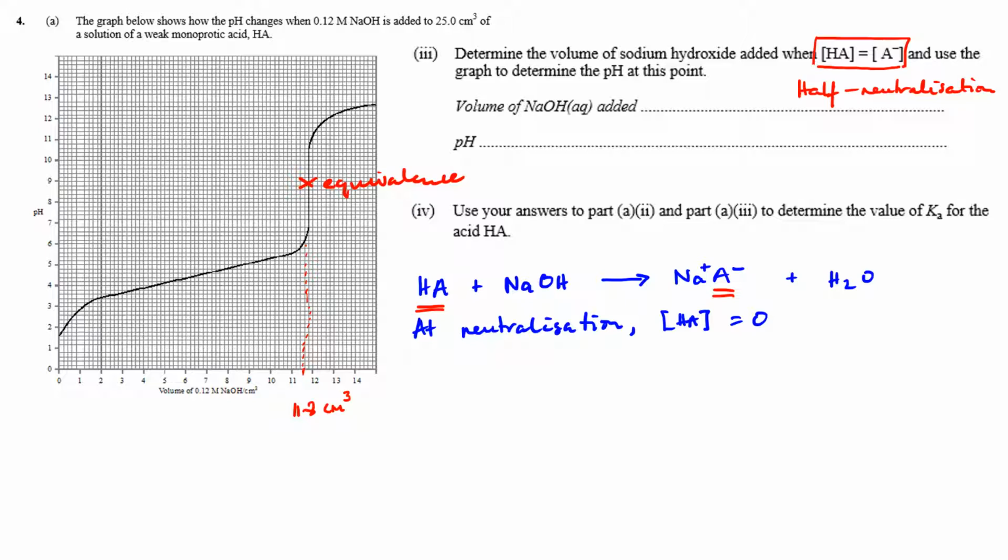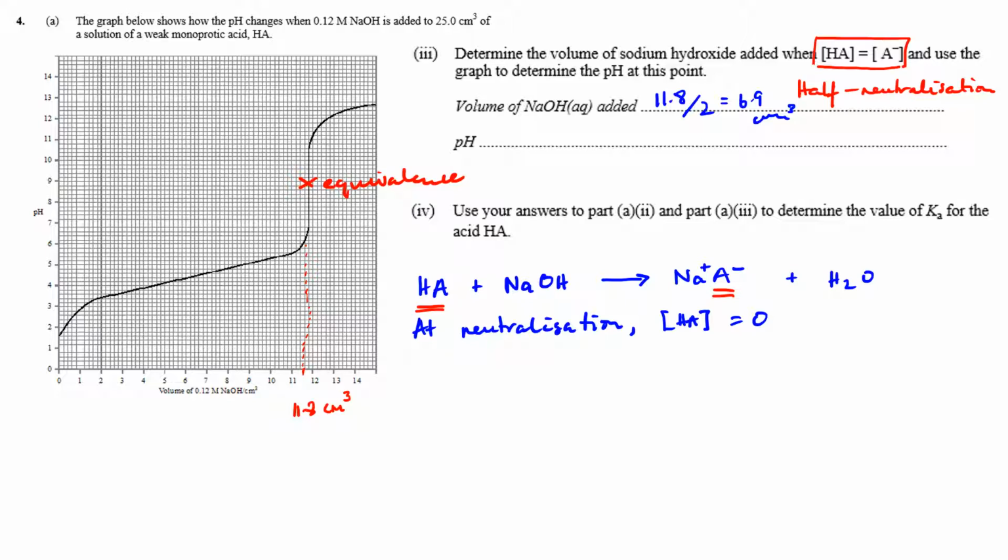So we've made that intuition. That means you can work out the volume of sodium hydroxide added now, which is your 11.8, which was your full neutralization. You just divide that by 2 and you get 6.9 cm cubed of your sodium hydroxide added.